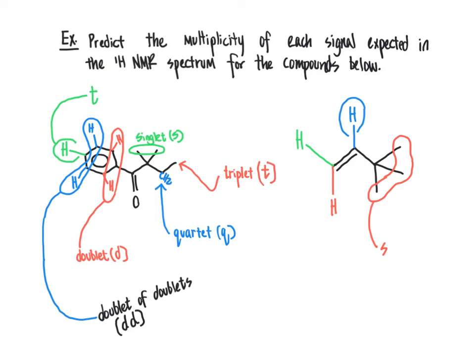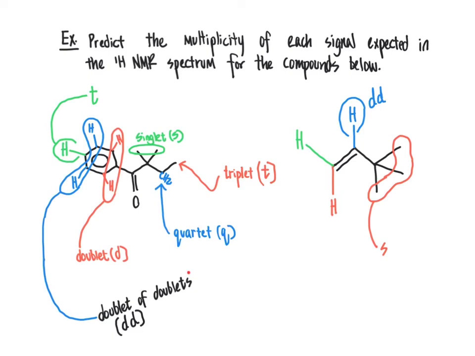And so those are each going to have their own distinct properties in terms of the frequency at which they will split the signal in blue. And so what we will have here is a doublet of doublets, which I'm going to abbreviate as DD, because what will happen is that the signal in green, the proton in green, will cause signal splitting of the one in blue into a doublet, and then the red hydrogen will cause splitting of that doublet into another doublet to give us a doublet of doublets.